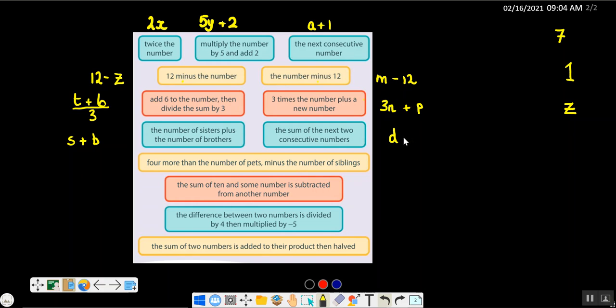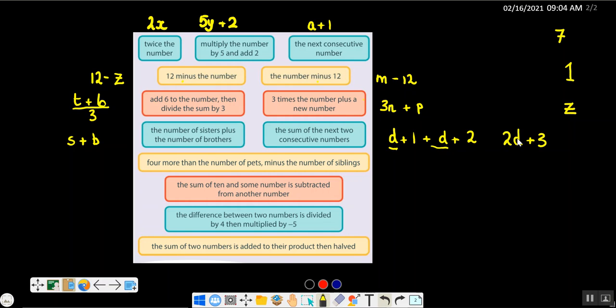It would be b plus 1, but put that in brackets, plus b plus 2. Do we need brackets if there's just lots of adding? But we can simplify it. No, you know how to do this. Come on. Collect like terms. 2 b's plus 3. Yeah?